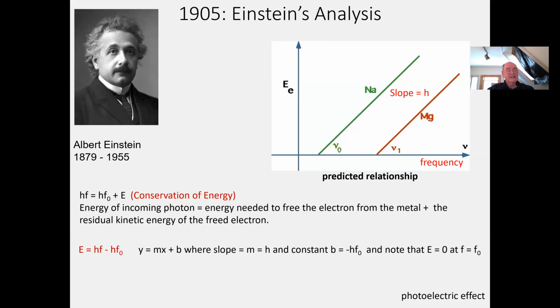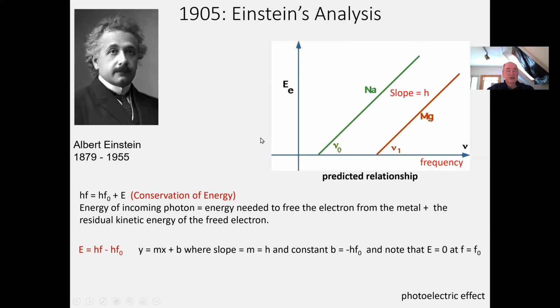What Einstein is saying is my formula, my conservation of energy formula, is nothing more than the straight line that I'm predicting, where the slope of the line is m. Here it is, it's h. That's the slope of my line. Here are the different b's I need, the different places where the light will start.